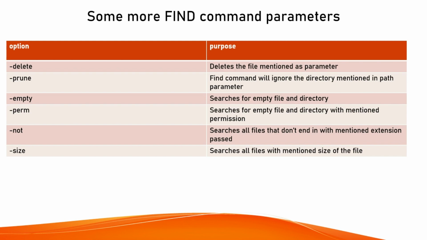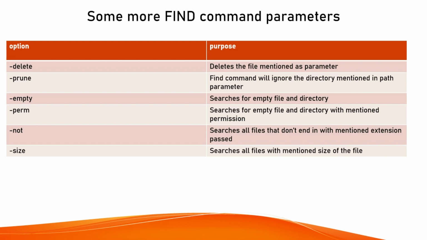For example, tomorrow I don't want the find command to list the file ending with .zip, and that's where I will use the not parameter. Moving to the last important thing, the size parameter with the file, which will help you search all the files with the mentioned size you want.